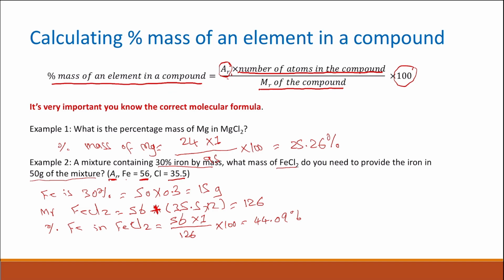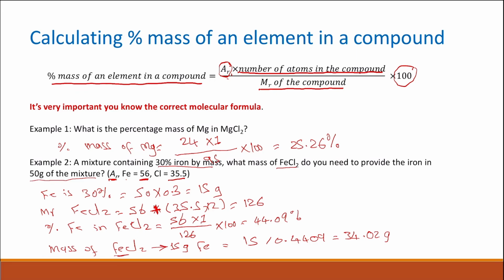In this case, the mass of iron chloride that gives us 15 gram iron will equal the 15 gram of iron that we need, divided by the percentage of iron, which is 0.4409, and this is going to be 34.02 gram. That means we need 34.02 grams of iron chloride to give us the 15 gram of iron.